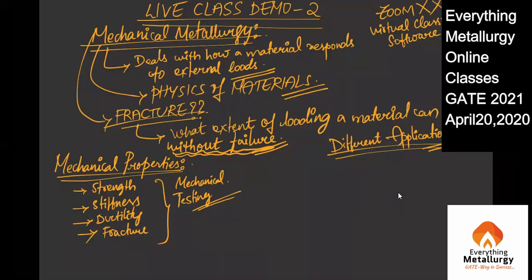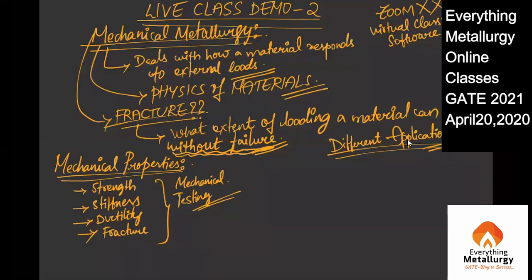Those are strength, stiffness, ductility, and fracture, and all these properties can be studied with the help of mechanical testing. So mechanical testing is something that is to be known.